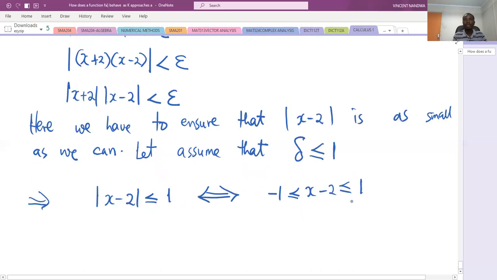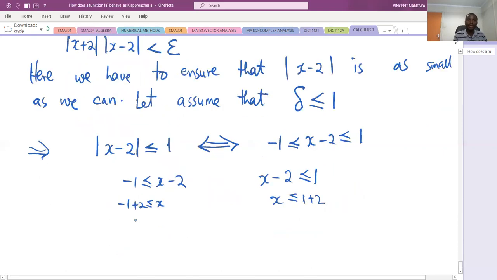And so we solve this inequality. So we have minus 1 plus 2 less than or equal to x, x less than or equal to 1 plus 2. So we have 1 less than or equal to x, x less than or equal to 3.